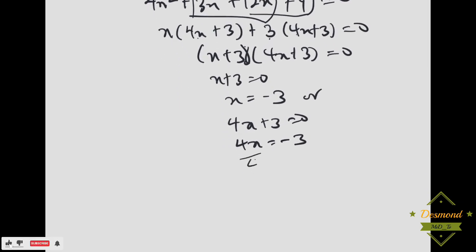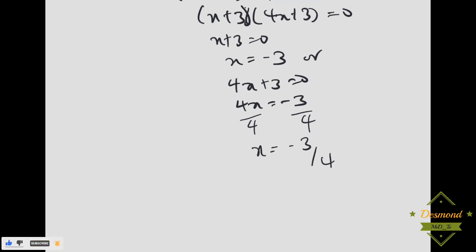To find x, divide both sides by 4. We have x equal to negative 3 over 4, right? So this is our solution. Therefore the solutions are negative 3 and negative 3 over 4.